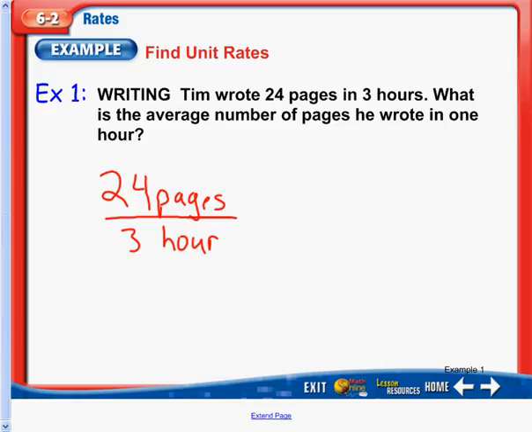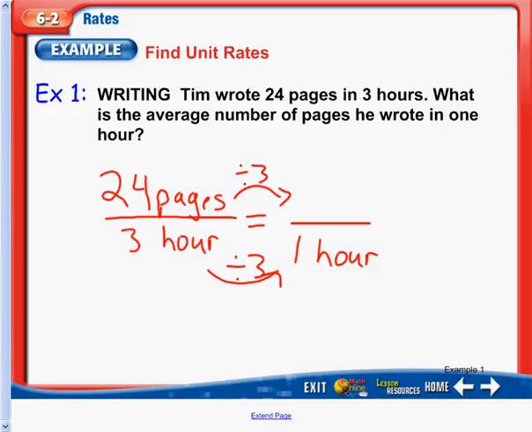Typically, we are going to put hours in the denominator, and the question even asks for it. What is the average number of pages per 1 hour is another way to read that. Or he wrote in 1 hour. So, we are looking for 1 hour in the denominator on our next one. We notice between the 3 hours and 1 hour, we divided by 3. So, what we do to the bottom, we also have to do to the top.